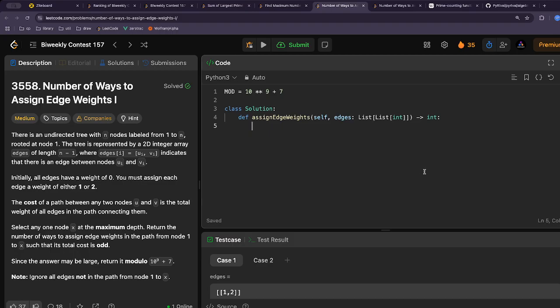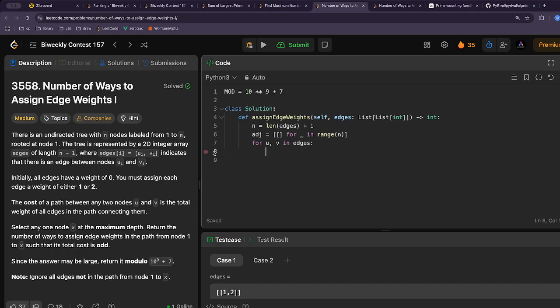So we can calculate the depth of the tree with the usual way to do this. You would create the adjacency lists, and then you go over the edges.